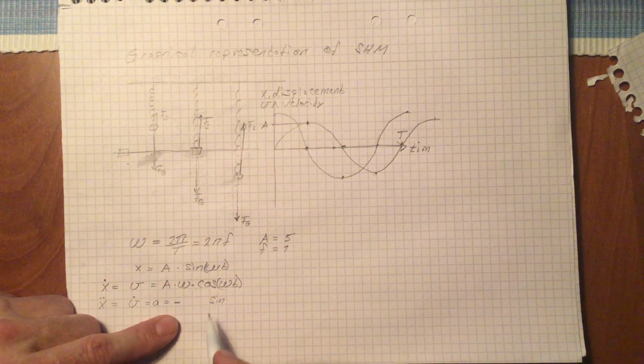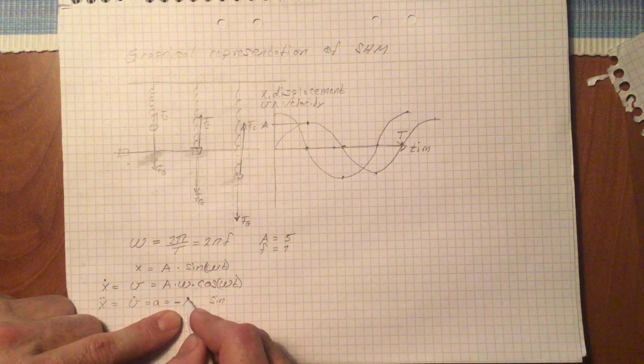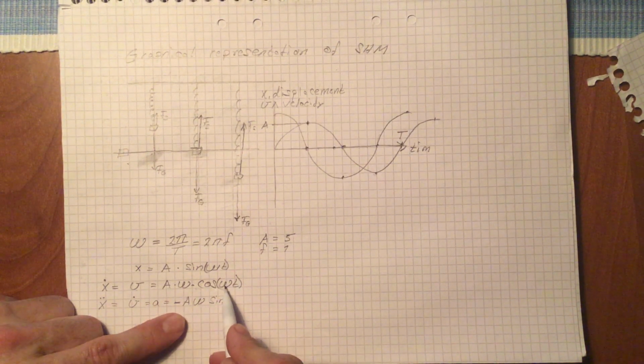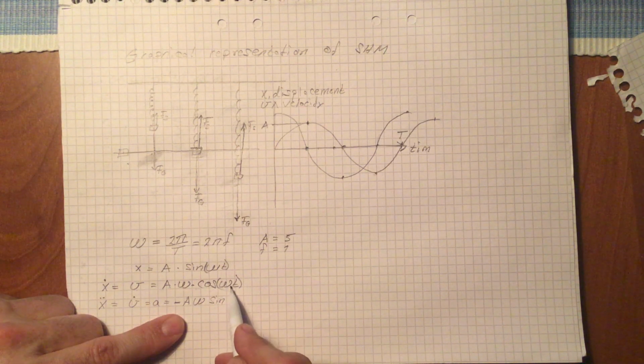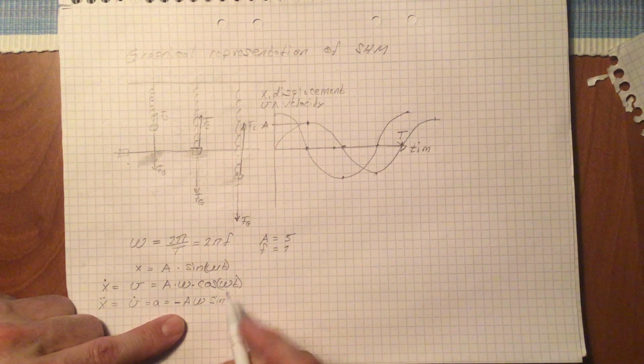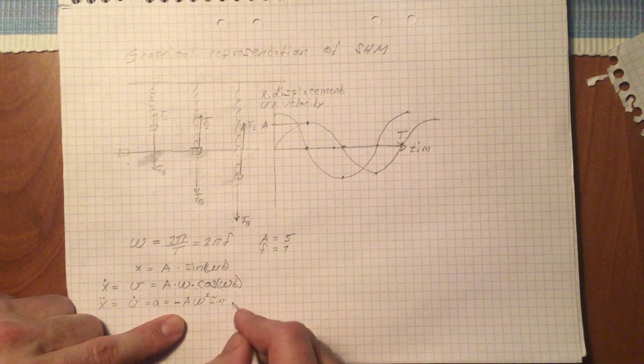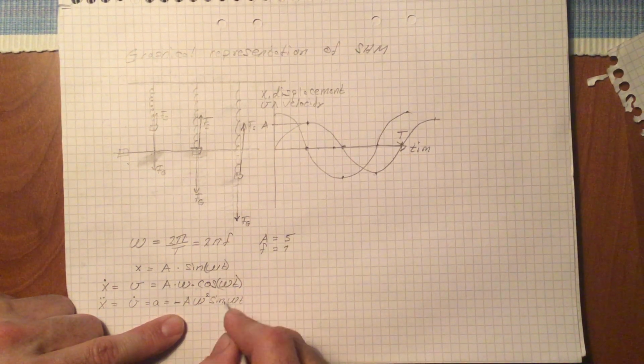You remember that from maths. And then we will have the same amplitude, we will have omega, and we will differentiate the inner function as well, so it becomes omega squared. And then we have sine omega t.